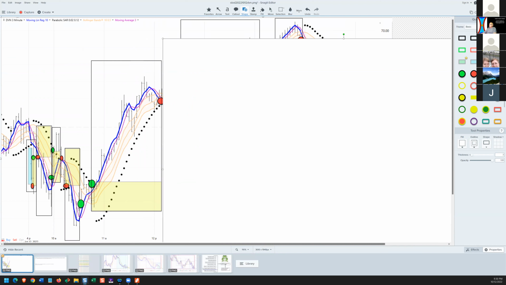Because I don't have two positions on, I was able to tolerate that little bit of heat, and then it recovered. If I had put the second position on here, and I got up into here, right about here, I would have cut it so that the second position doesn't go negative, and then I could make bank on the first position here. Then when that R10 wiggles right around in here, I've got to re-enter one position, and I probably would have scratched. So that's a lot of activity for not any extra gain.